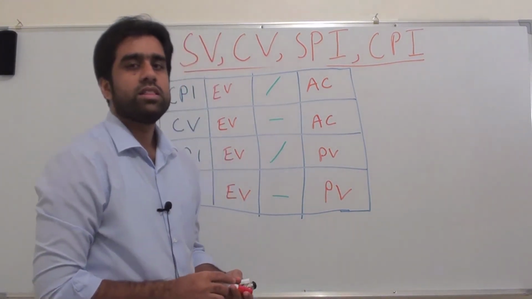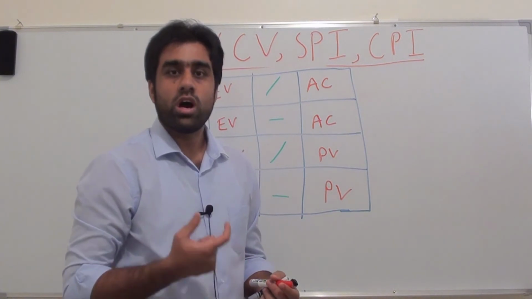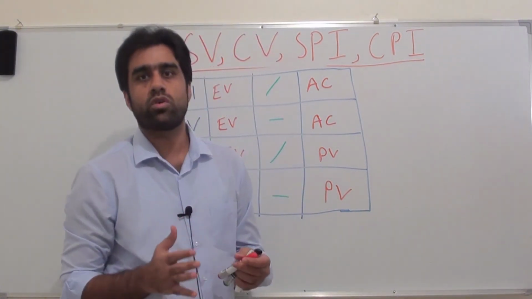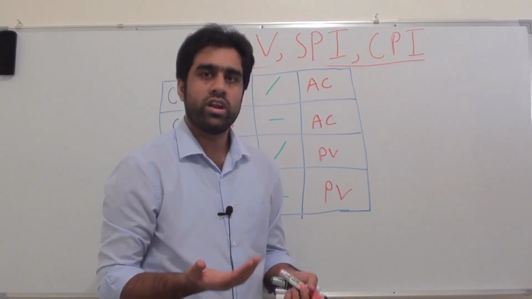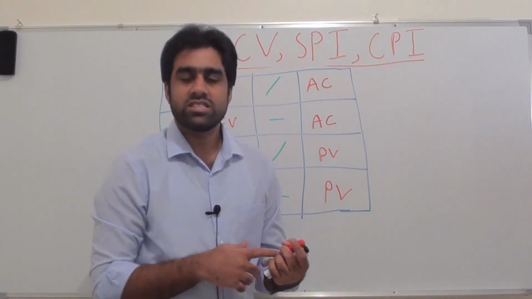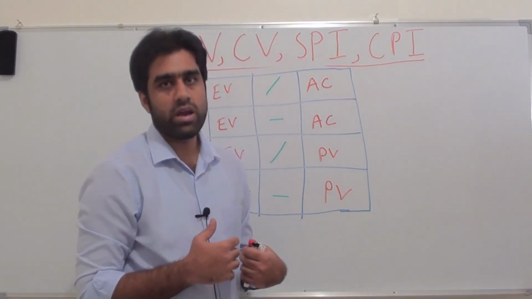Let's recap. Variances are used when we want to know the amount, what the variance is at this point in time. Positive is good, negative is bad, zero means on track. But indexes don't give us the exact value of how much we are ahead or behind.